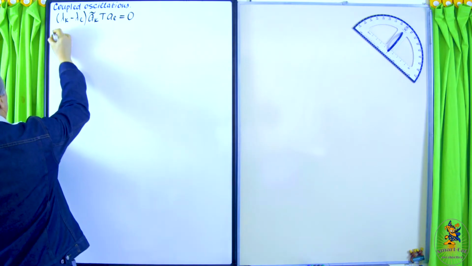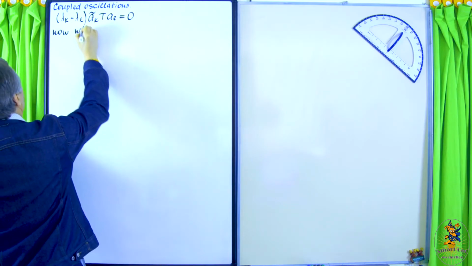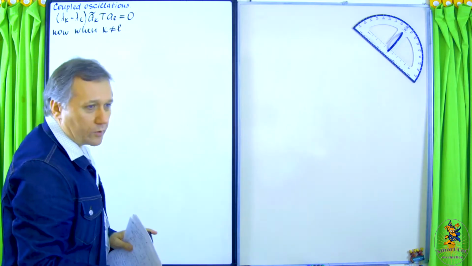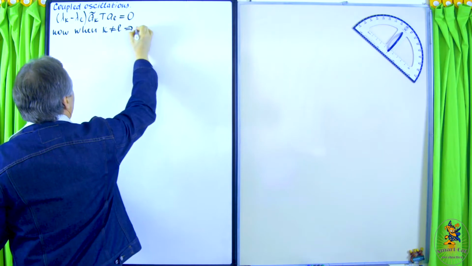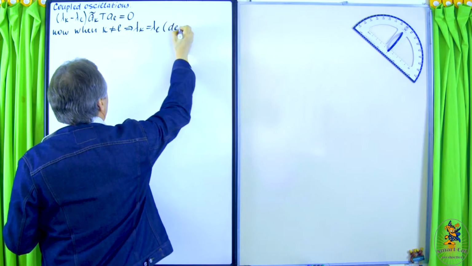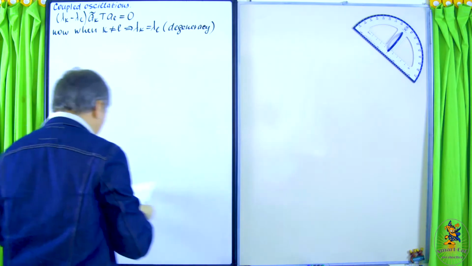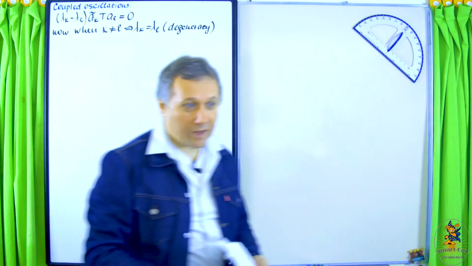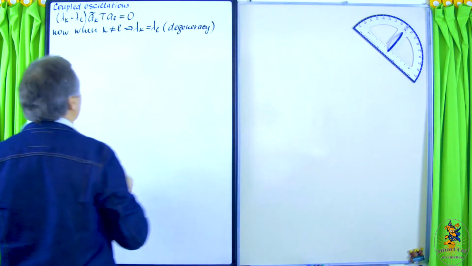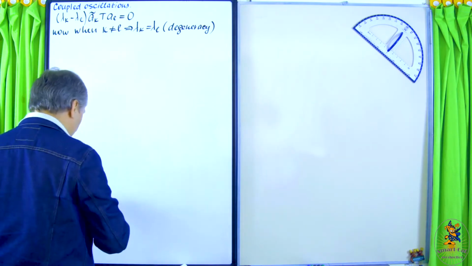So now, when k is not equal to L, different normal modes, but the eigenvalues are the same, lambda k equals lambda L, so we have degeneracy. As I wrote at the end of the previous class, in this case A k is not automatically perpendicular to A L. So now, the Gram-Schmidt procedure.